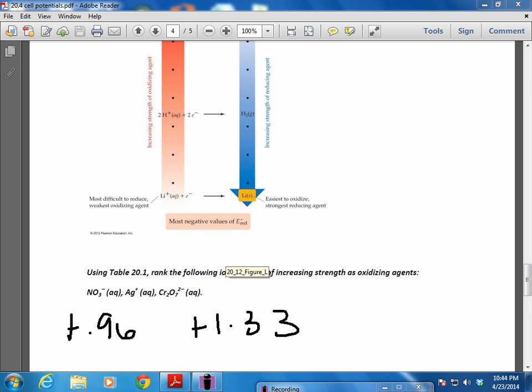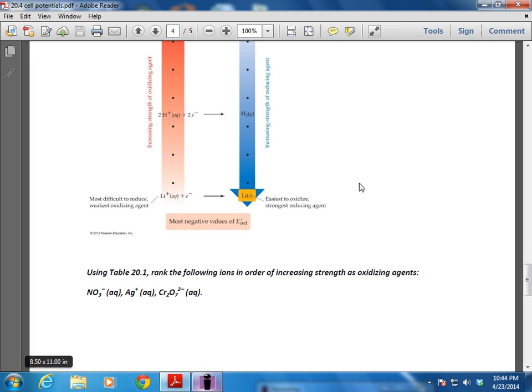Silver itself does not have a very high one; it's a negative value. So if you're going to talk about oxidizing agents, the best oxidizing agent is dichromate. It's number 1. Nitrate is number 2. And since silver is a metal and it's relatively low, it would be number 3. So just find the most positive reduction potential, and it's the best oxidizing agent. Friday we'll try to make some more sense of this. Print off the worksheet, see how it goes, and we'll keep working through this.